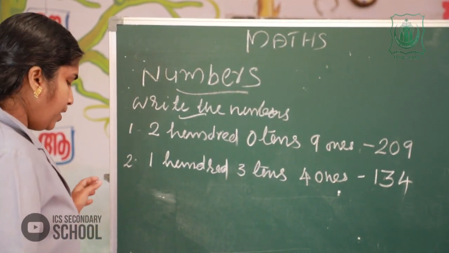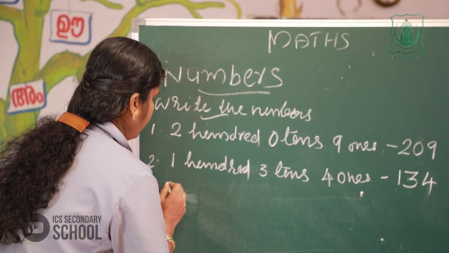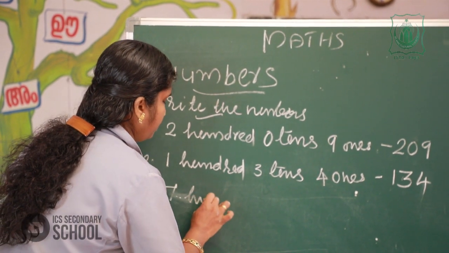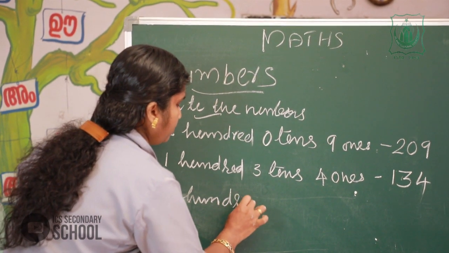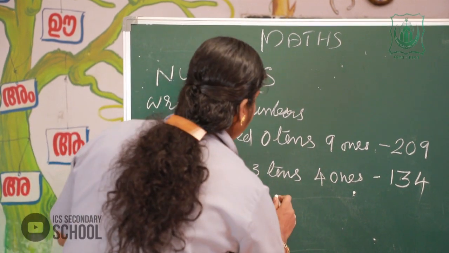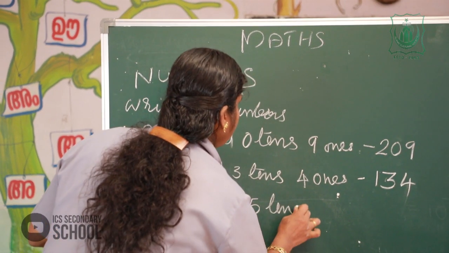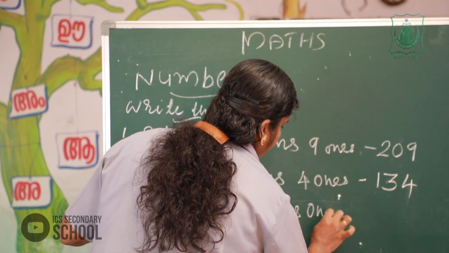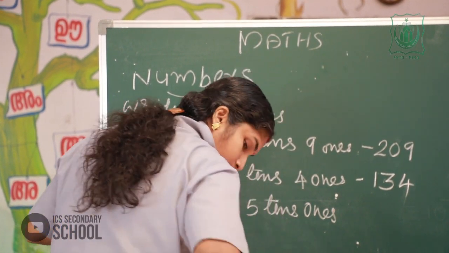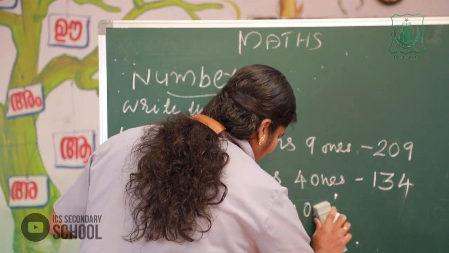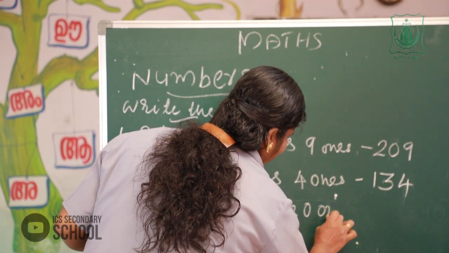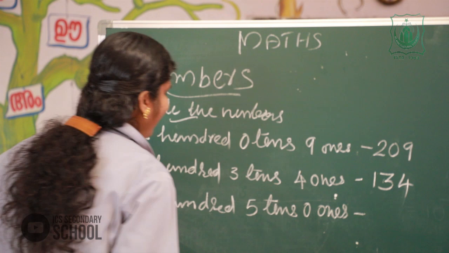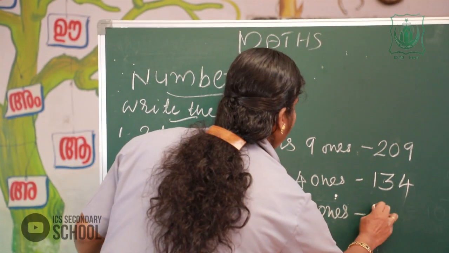Next one: 700, 5 tens, 0 ones. We get the number 750.